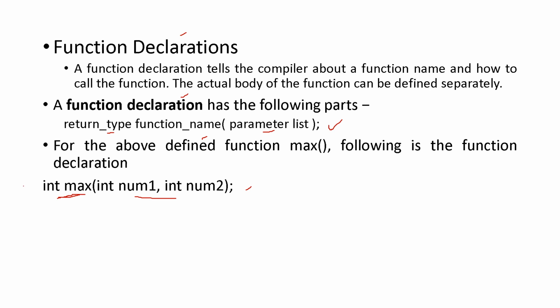When the compiler sees this particular instruction, it can understand that this is a function and the execution will go to the function definition where it has been defined. There you will get the formal parameters, and then the body of the function will be executed, and then from there you will get a return value and it will come back over here.